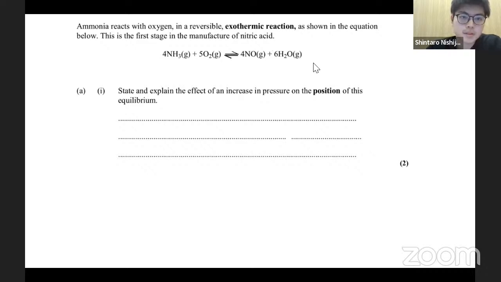Feel free to keep sending questions in. So ammonia reacts with oxygen in a reversible exothermic reaction as shown in the equation below. This is the first stage in the manufacture of nitric acid. Here we just get given the equation, and they give you that it's an exothermic reaction.